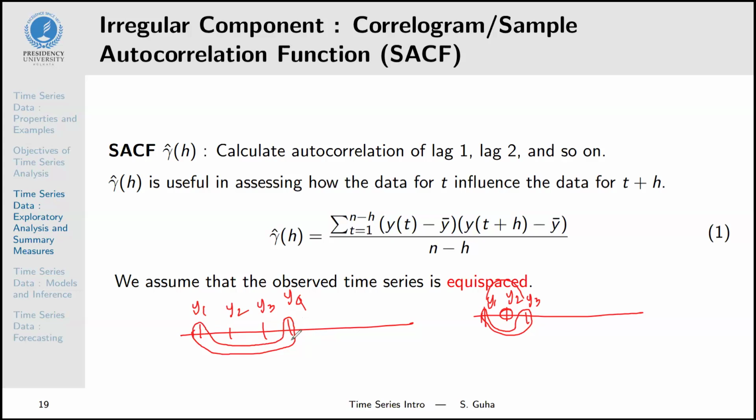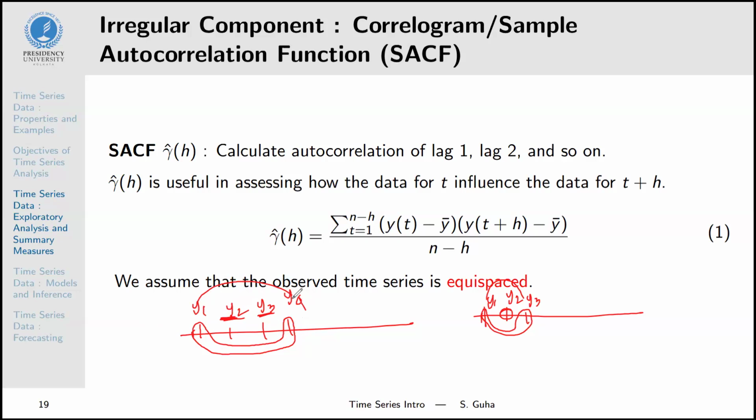If you directly calculate the sample autocorrelation between y1 and y4, there may be some dependency because of the common part y2 and y3, because y1 has some correlation with y2, y2 has some correlation with y3, and y3 has some correlation with y4. That's why y1 has some correlation with y4.